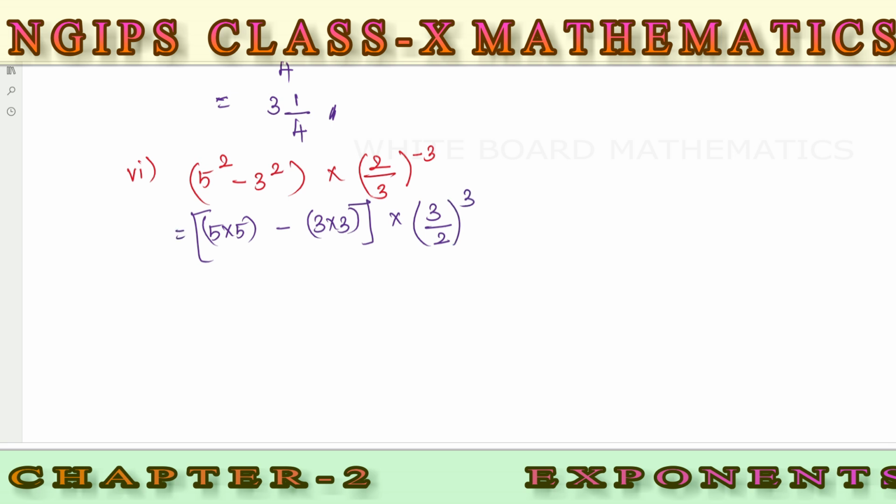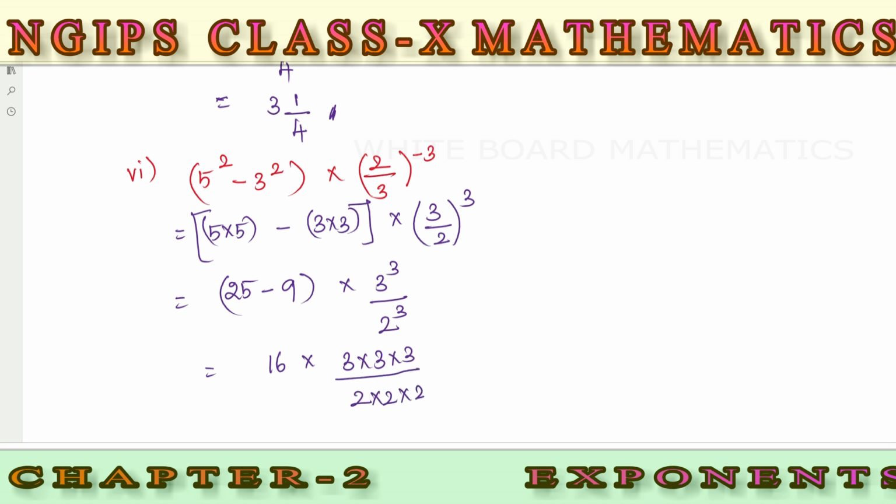So 5 5s are 25 minus 3 3s are 9, into here this 3 is common for both, 3 cube divided by 2 cube. So 25 minus 9 is 16, into 3 cube is 3 into 3 into 3, divided by 2 cube is 2 into 2 into 2.